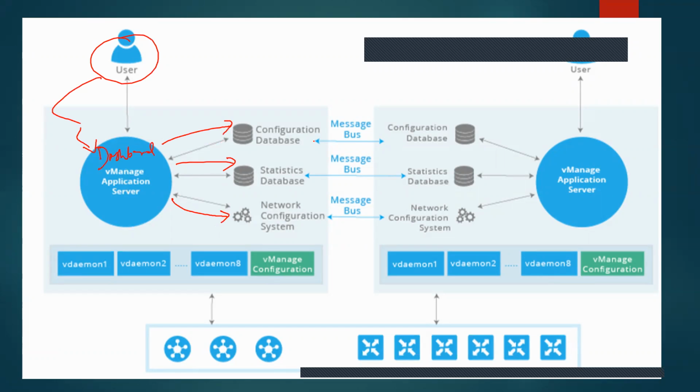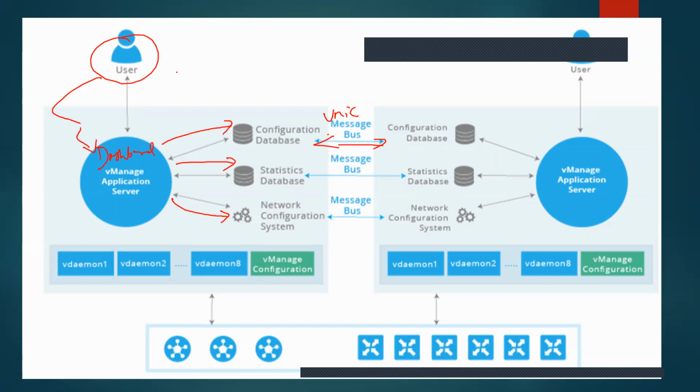And you can see that if you have two vManages, you need some sort of message bus. Obviously a vNIC will be there, so different vManages can replicate the information. They can replicate the databases. So with the help of this message bus or vNIC, they are replicating their databases.